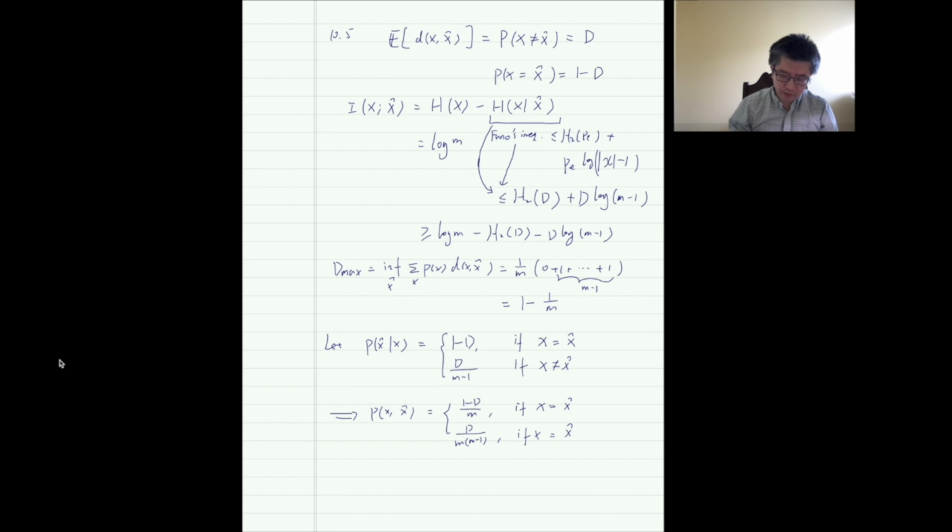Okay, and given that, we can compute the probability of x hat equal to this, which equals this guy plus the terms when they are not equal. Then we can see clearly this equals 1 over M, so x hat is a uniform distribution. Okay, very good.